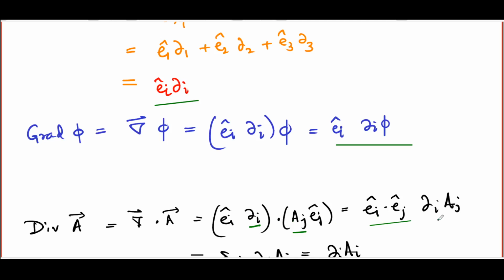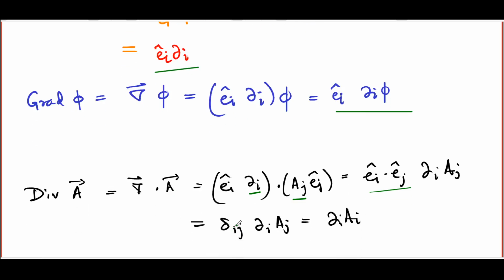So you get e_i dot e_j del_i a_j. E_i dot e_j is of course delta_ij, and as I have said, in any summation involving the delta symbol, you just replace the index being summed over by the other index. So if we decide to add up over j first, this becomes del_i a_i. So that's the divergence. Of course, if we decided to add over i first, this would have turned out to be del_j a_j, but that would also be exactly the same.